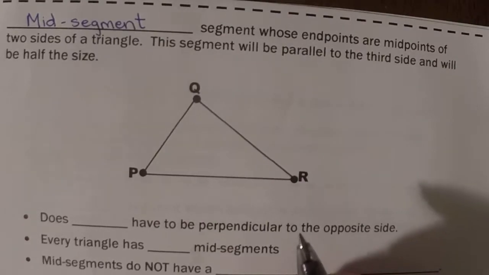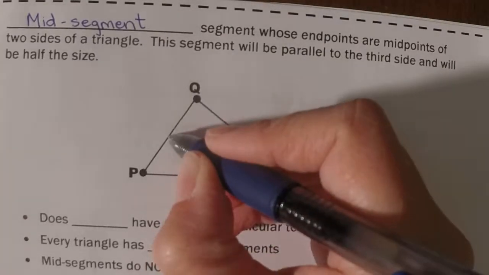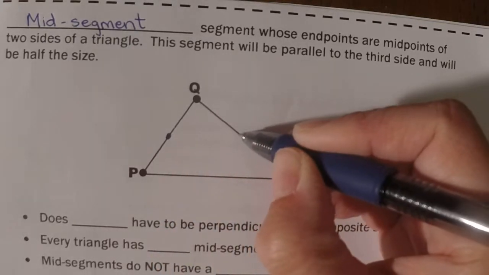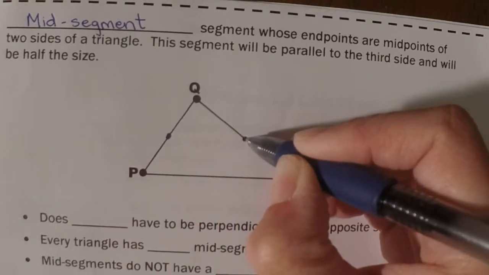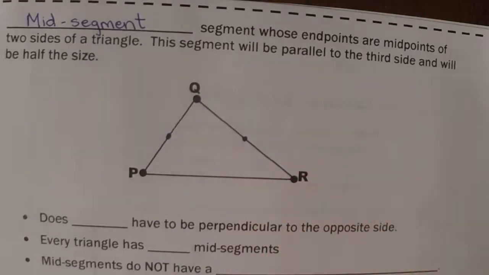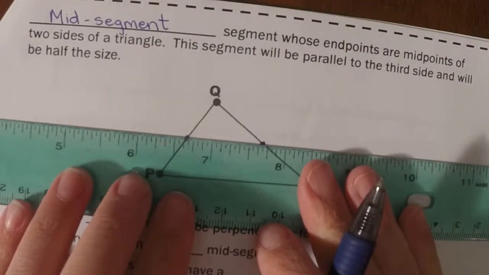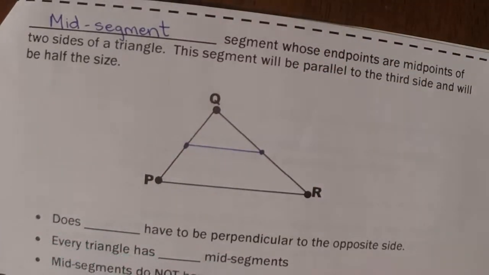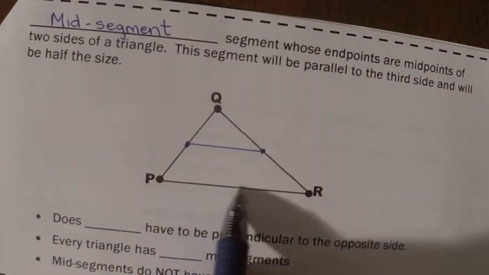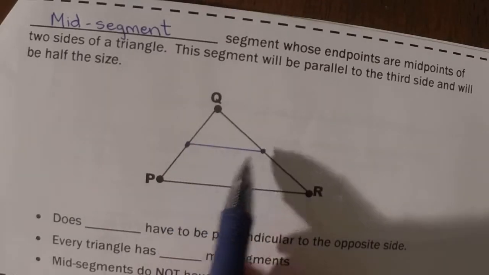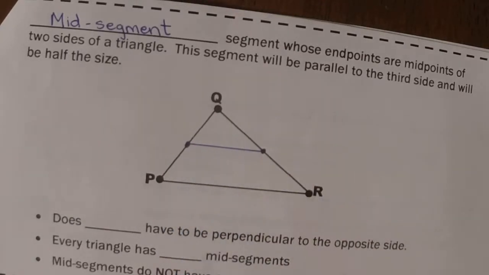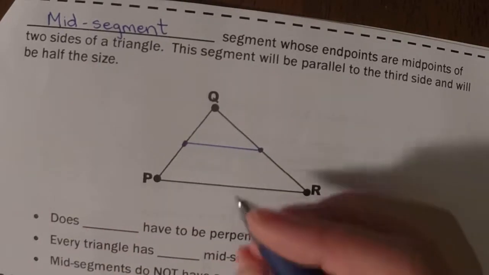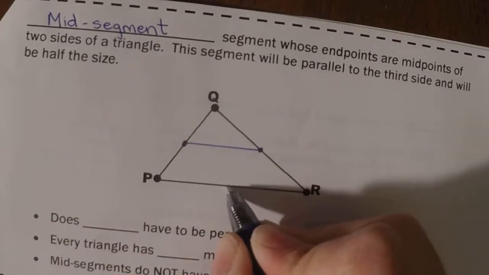So if we were to draw a mid-segment, we would find the midpoint of PQ. We would find the midpoint of QR. And then we would connect those two midpoints. And what that means is that if this was 10, this is 5, because halfway up means half the size. And then again, we could do the same thing down here.